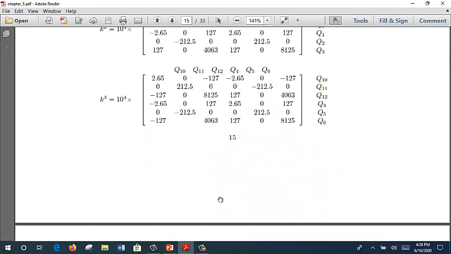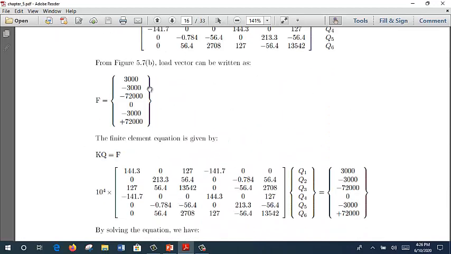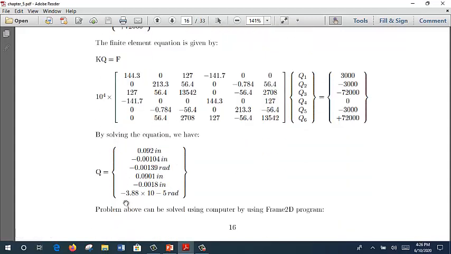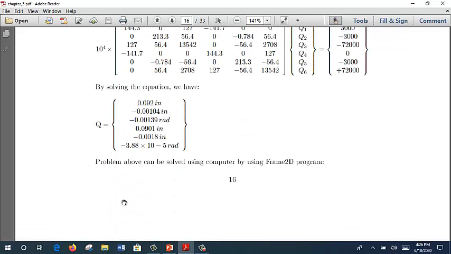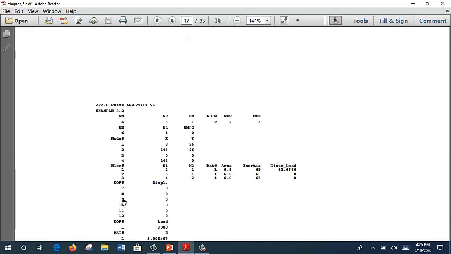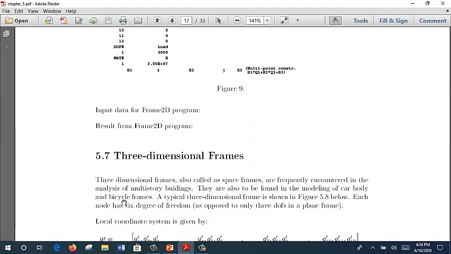So you will get this matrix. It's very straightforward. In order to find your Q, you have your K and your F, so just invert the matrix, and then you will get your Q. I think that is very interesting for you to try.